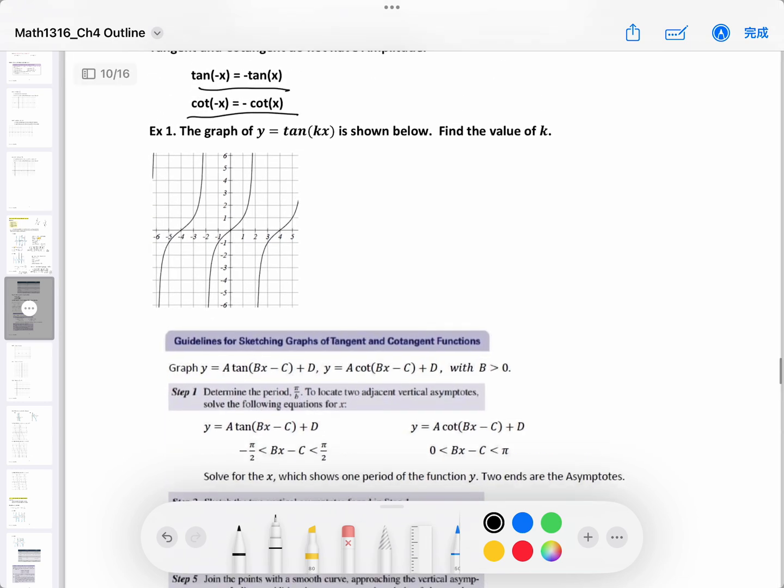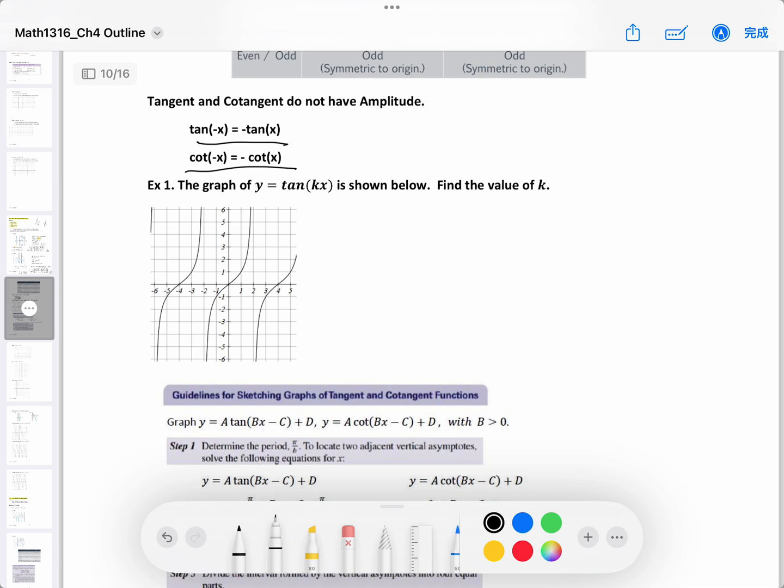So how about finding the period of the tangent and cotangent function? For the sine and cosine, let's review a little bit. If I have cosine of bx plus d, for example, the period is equal to 2 pi over b.